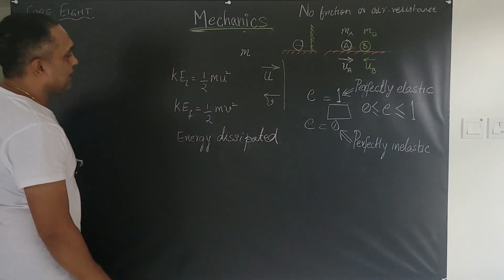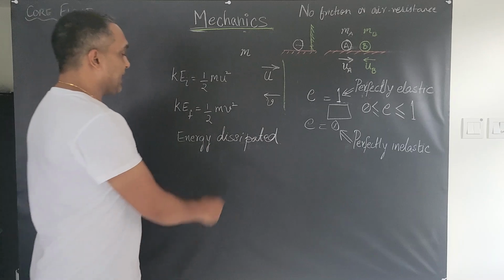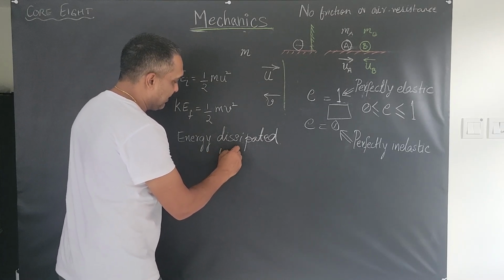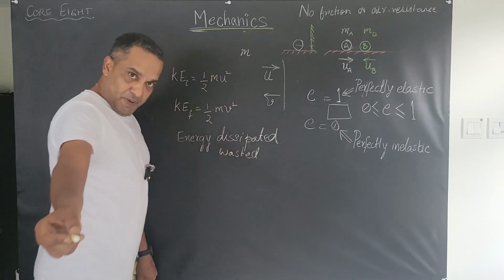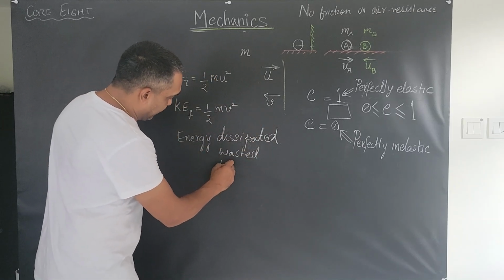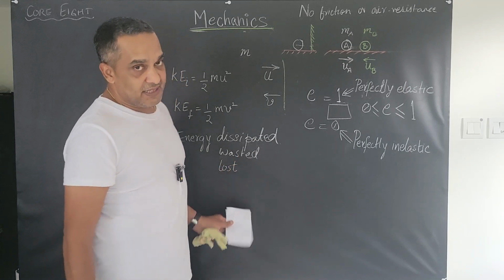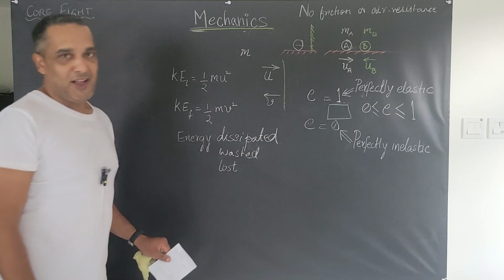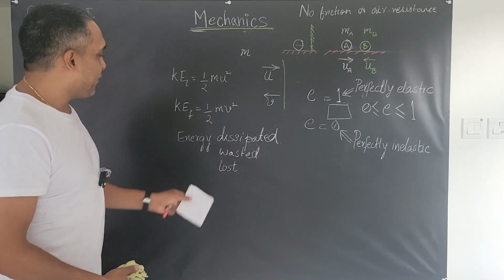Energy dissipated. Some people say energy wasted, and a few people will write it as energy lost. But I never like this term, because energy ideally is never lost. That would be the failure of the conservation of energy. So it's never really lost.